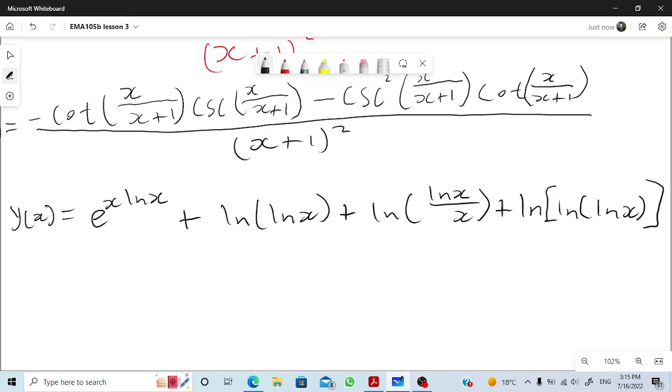By the way, ln means natural logarithm. That's the full word of that.